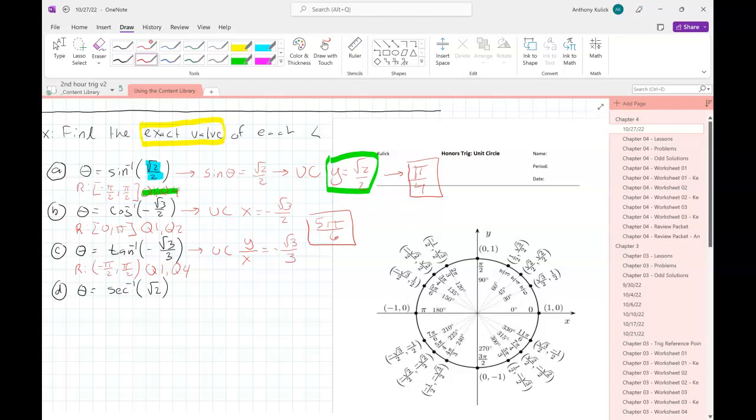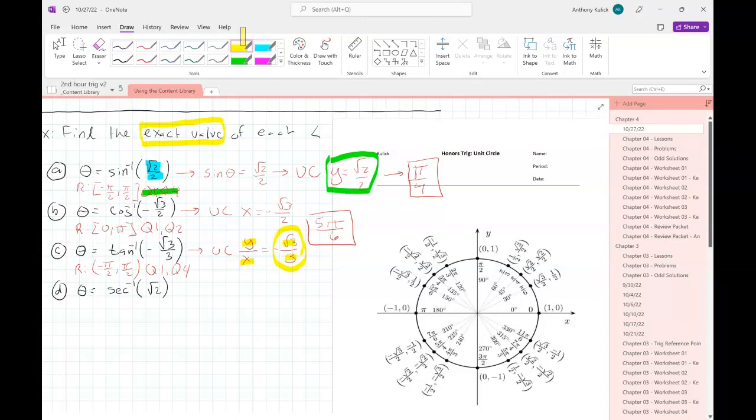But this is a little bit more complicated, right? Because y over x was a fraction, it's very likely that this is something that was reduced. Everybody's okay with that? So what I'm really going to look for is a place where the y-coordinate has a square root of 3 in it, and the x has a 3 in it.